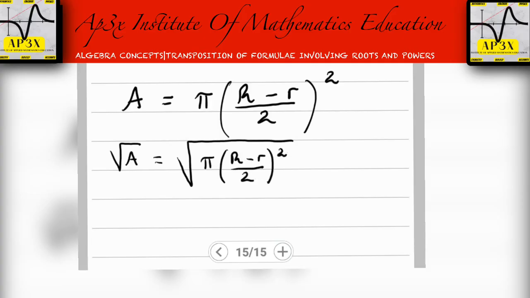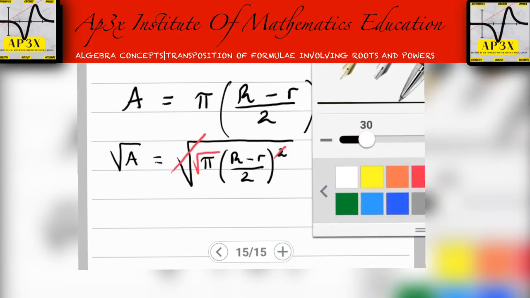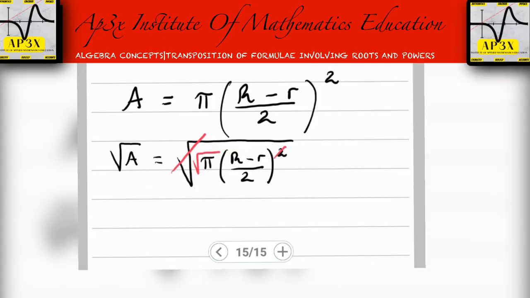What this means is that the square root cancels the square, but remember that the square root also affects the pi on the outside, because the pi is not attached to the power here. That's the trick with this question. Many students, that is what may have slipped you.